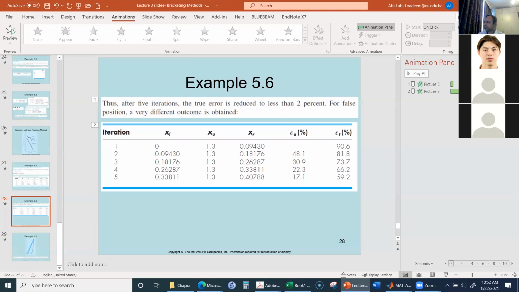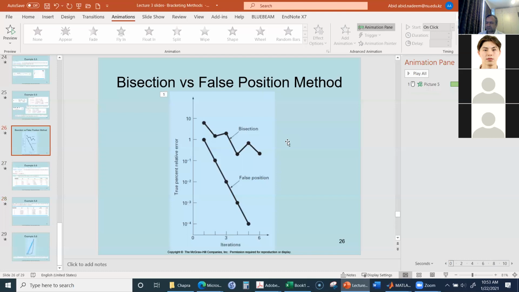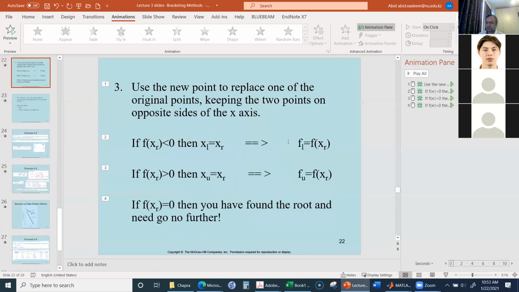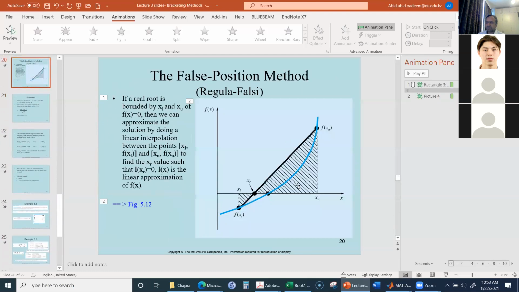Yes. So can we generalize the rule for the false position method that if the slope of the function grows rapidly, as was shown in the last example 5.6, like exponential growth, then the false position method is not likely to be used?